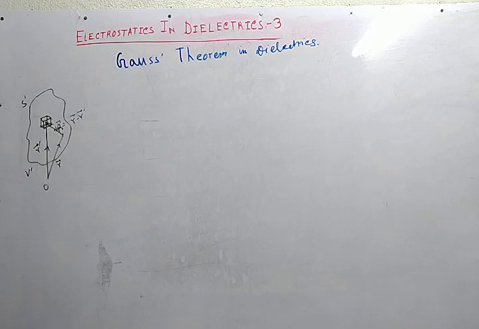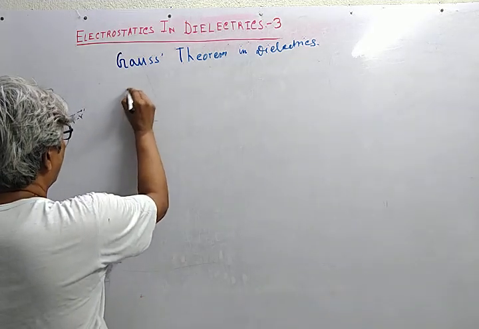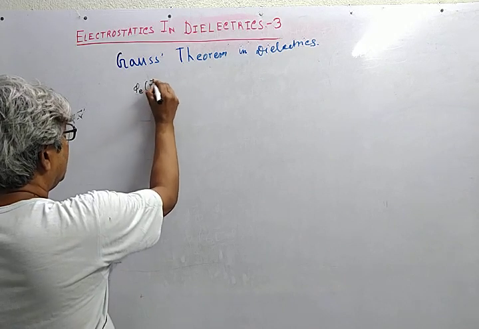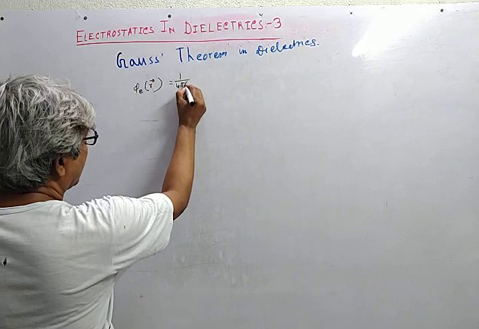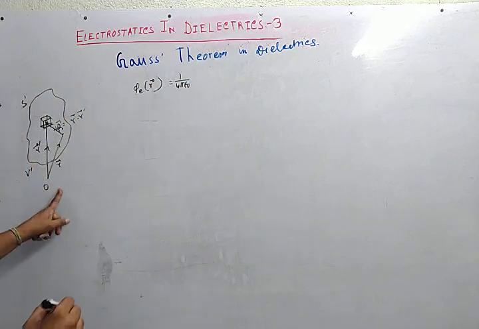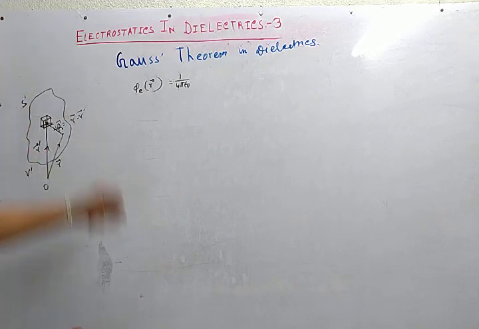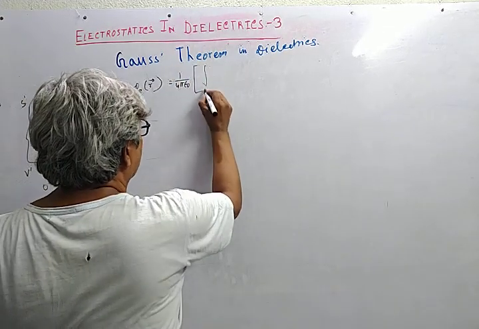So what is the potential at the field point? The potential at this field point, we write, is phi E at R. First let me write the SI factor. Then there are some free charges within this volume, so there will be a contribution to the potential coming from the free charges.